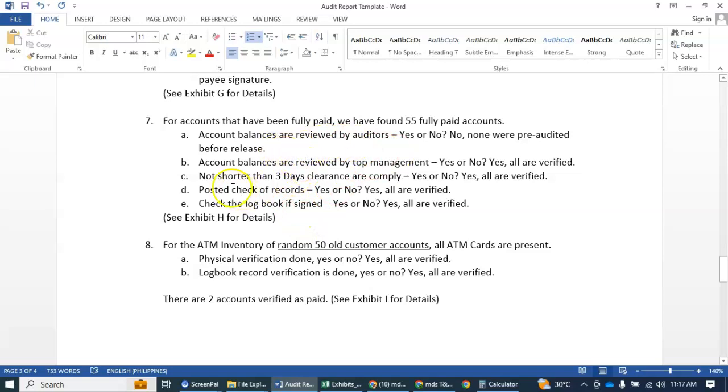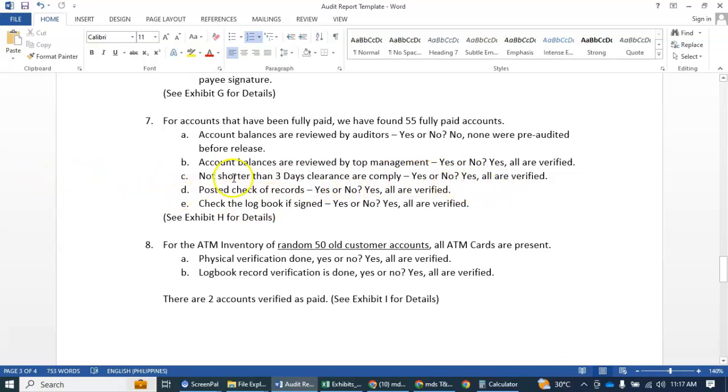Here, we require that there is a review from the top management. Okay, this is from the accounting. So the accounting will review the accuracy before the ATM is released, and also the 3-day clearance must be complied with.